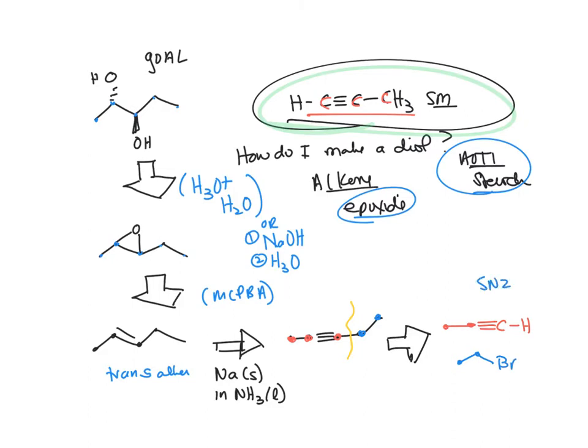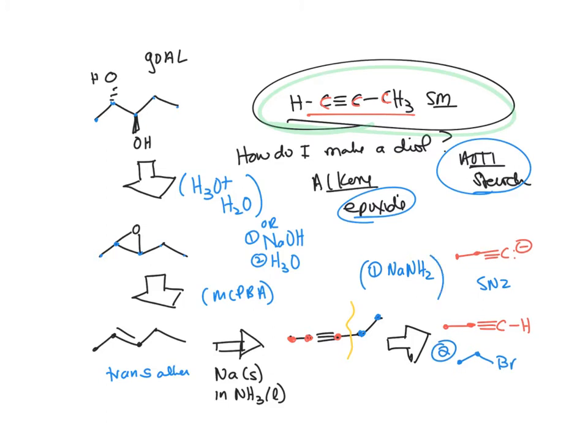This is an SN2 reaction, and so the first thing you're going to do is treat that alkyne with sodium amide, and you're going to make the alkynide, and then you can do an SN2 with this alkyl halide here, and that would be step 2.